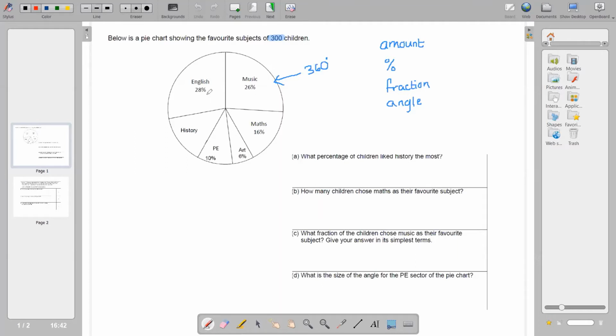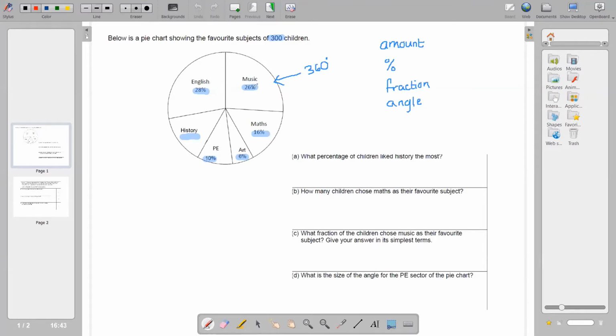The information we've been given about those subjects has all been given to us in the form of a percentage. So the whole pie chart would obviously be 100%, and we have been given the percentages for 5 of the subjects, which means we do not know currently the percentage for history, but we can work that out quite easily, and we can do that by adding up the percentages we do know.